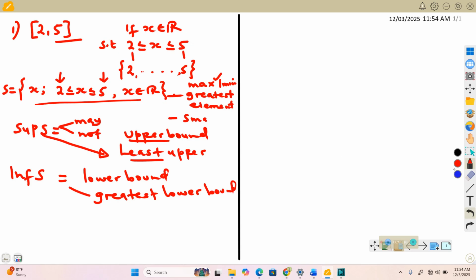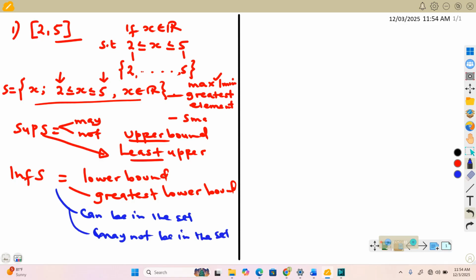The infimum, as we said for the supremum, can be in the set, or it may not be in that set. The same applies to the supremum. However, for maximum and minimum, that element must be within that given set. So you have to be careful there.